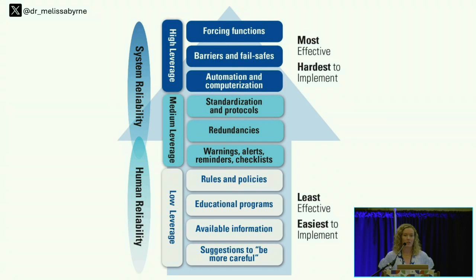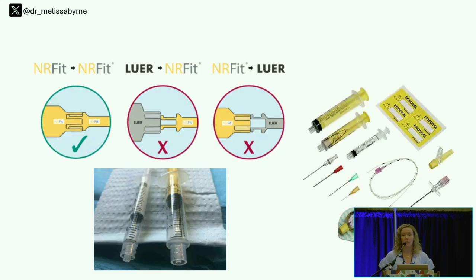As you can imagine, this really falls upon things we can do within our organizations to improve system reliability. And while they're the hardest to implement, they are the most effective. Another option is to consider options for how we change the connectors that we use in order to prevent these wrong route administrations.